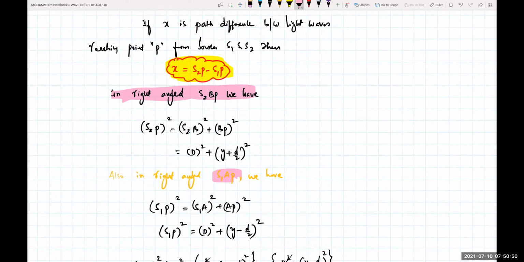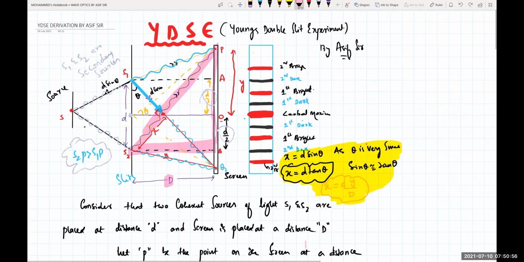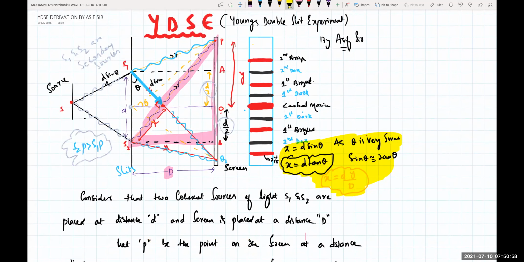The same way, if I'm taking the triangle S1AP, see where is S1AP? This is your S1, this is your A, and this is your P, this triangle. In this one also, if I'm applying the Pythagoras theorem, S1A square plus AP whole square will be equal to S1P square. So A to P is how much, beta?